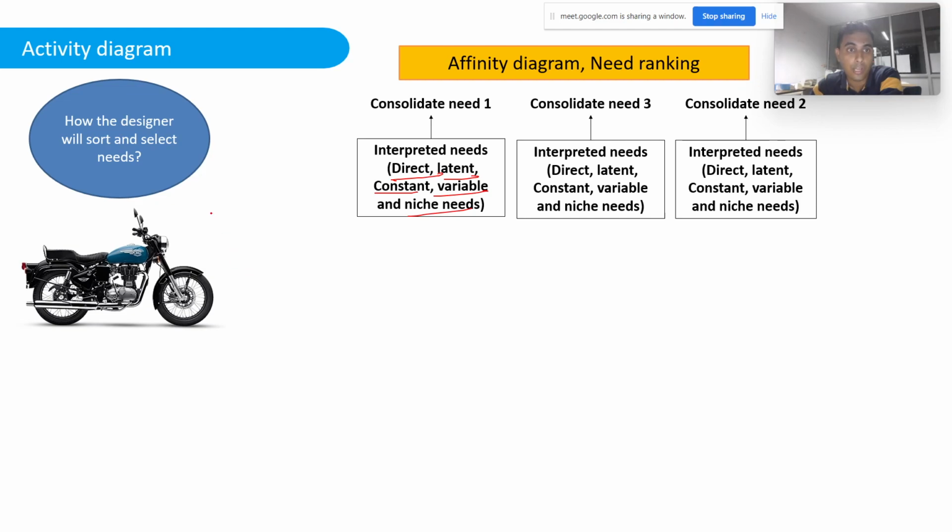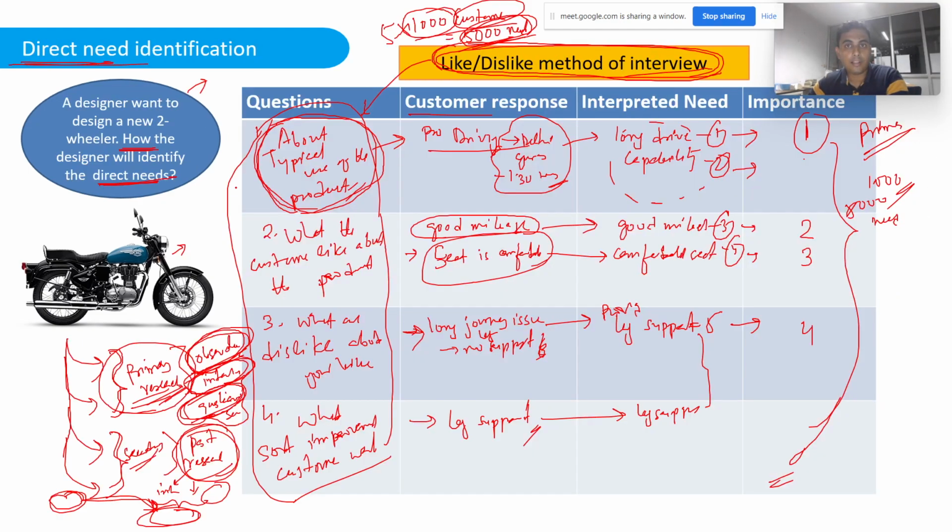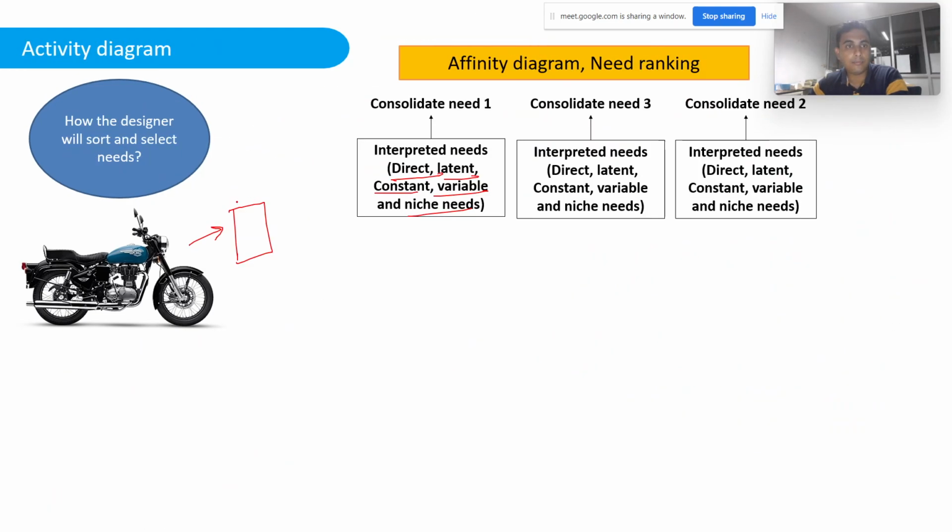I already told you, one like-dislike interview results in about 5 needs. You can have 1,000 such contextual inquiries, and you can have 5,000 needs.